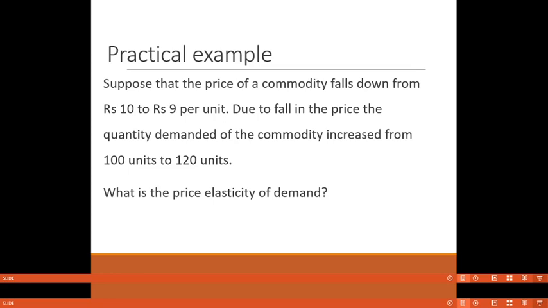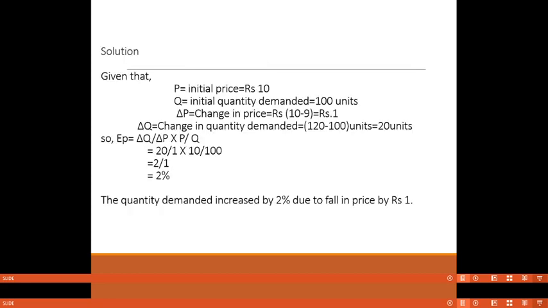Now we can calculate this by using the formula we have discussed in the earlier slide, that is delta Q divided by delta P into P divided by Q. Here P is the initial price, which is rupees 10, and Q is the initial quantity demanded, which is 100 units, and delta P is the change in price.